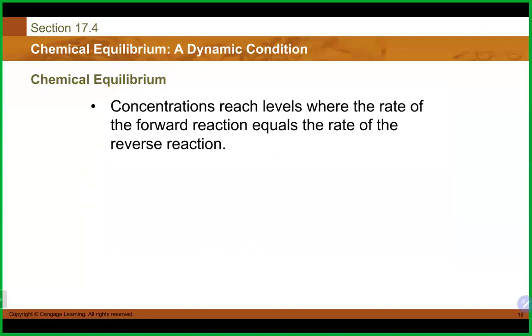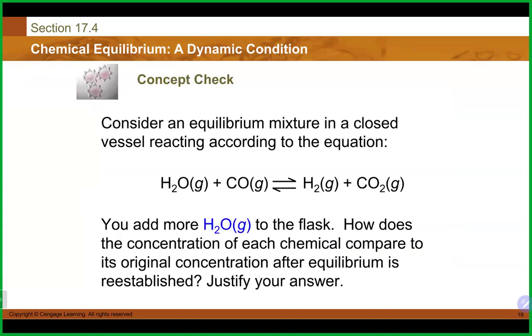Now, concentrations, again, when they reach those levels and the rate of the forward direction equals the rate of the reverse direction, that is when we meet chemical equilibrium. So let's just say, for example, we have this reaction here, which is actually at equilibrium. And we decide that we want to add some more water to this equilibrium.